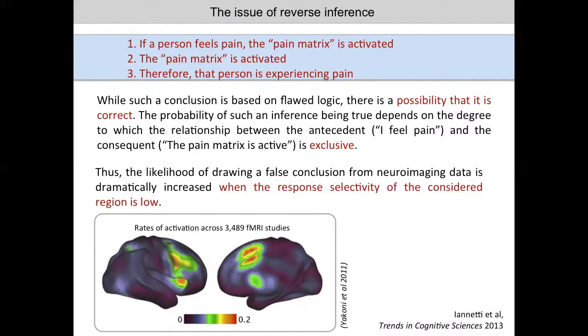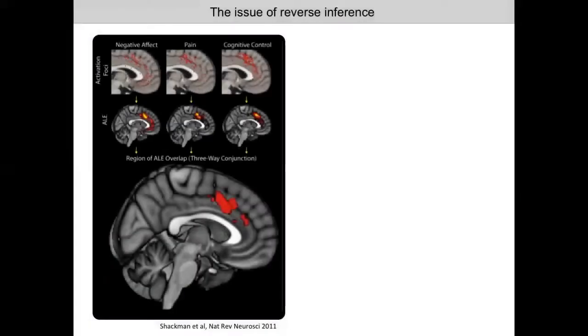Those are the brain regions most activated ever, like the cingulate, for example. This meta-analysis shows negative affect, pain, and cognitive control all activating the cingulate, which is therefore telling us that the relationship between the measure and the underlying perceptual state is not exclusive.